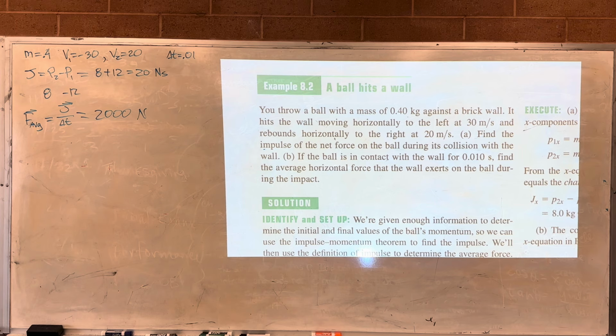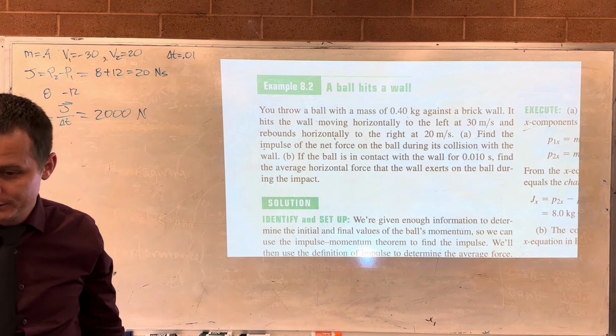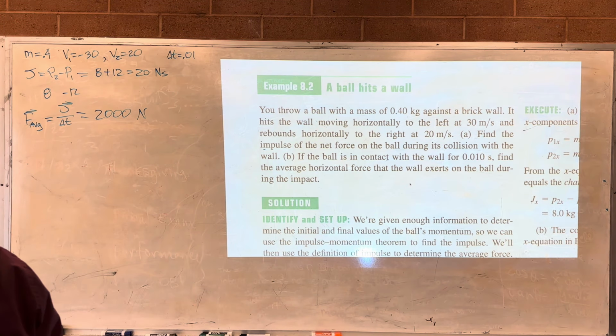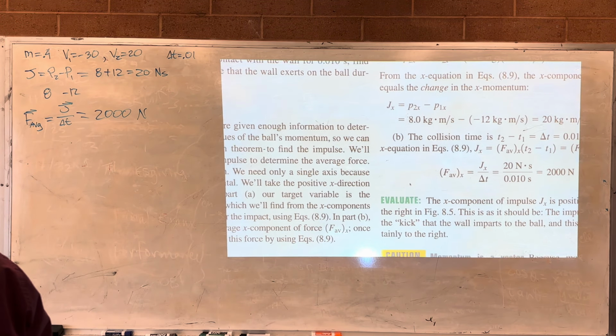It would completely depend on the makeup of your ball and your wall, so it's going to be very material dependent. If you were throwing gum at a glue wall, you wouldn't expect any bounce back. If you were throwing a tennis ball at a brick wall, you would expect a lot more bounce back. So 2,000 newtons and 20 newton seconds. That's what we got, right?